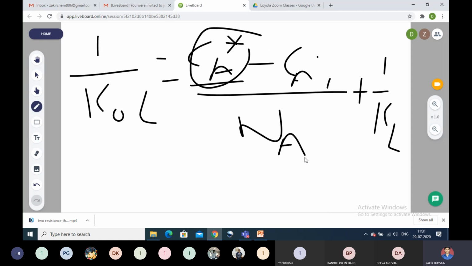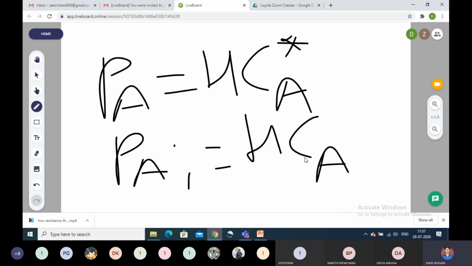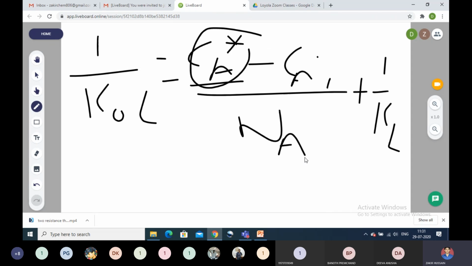For CAI we can write PAI is equal to H into CAI. So these variables we need to substitute in place of this one. In place of CAI we can substitute this one, in place of Ca star we will substitute that one.